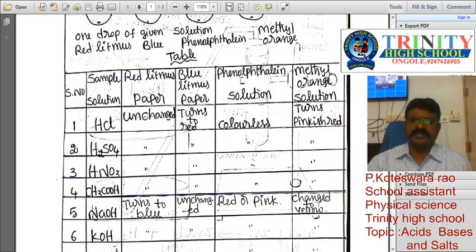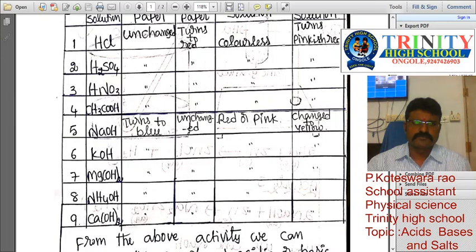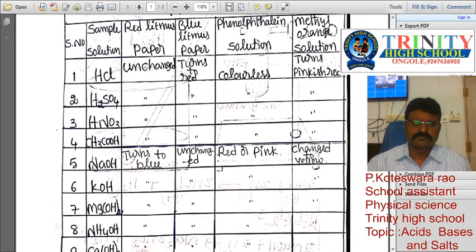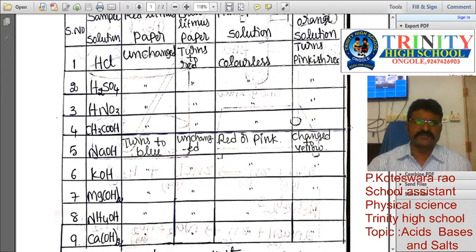All the samples we take in the table, and we note down HCl, H2SO4, HNO3, CH3COOH, NaOH, KOH, Mg(OH)2, NH4OH, Ca(OH)2.